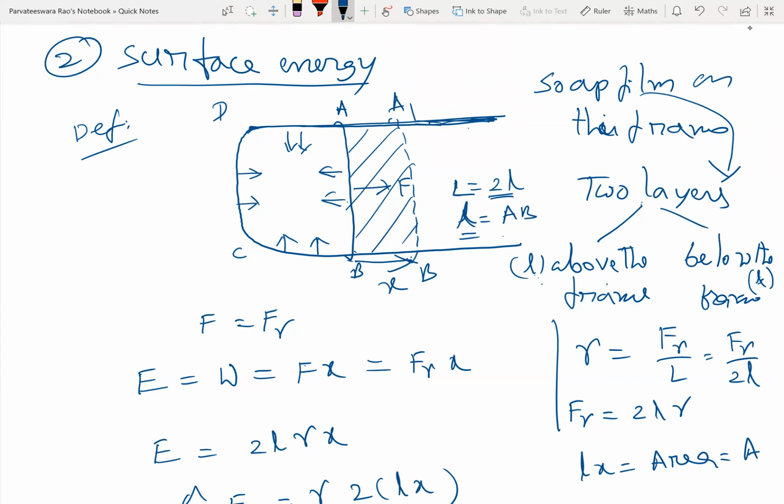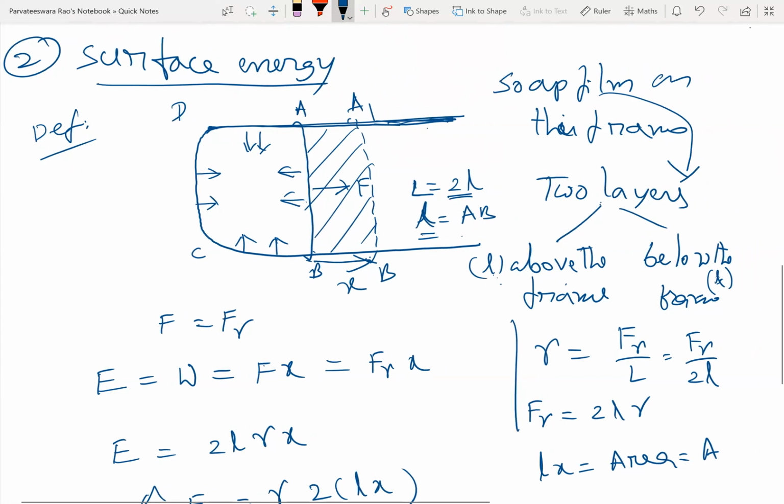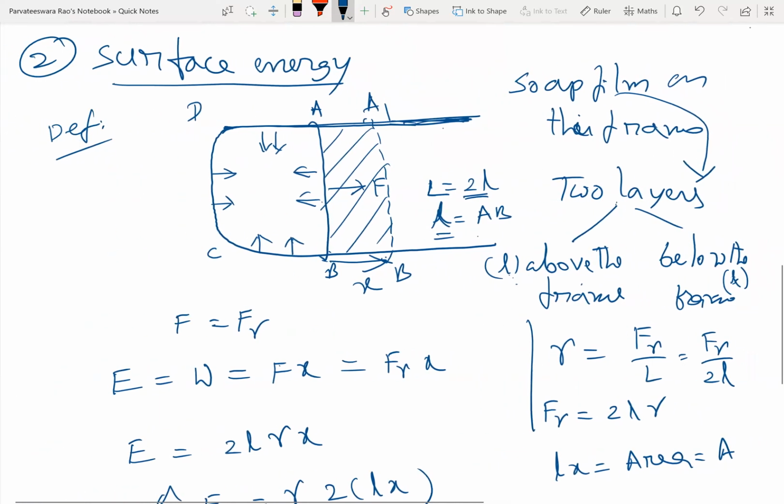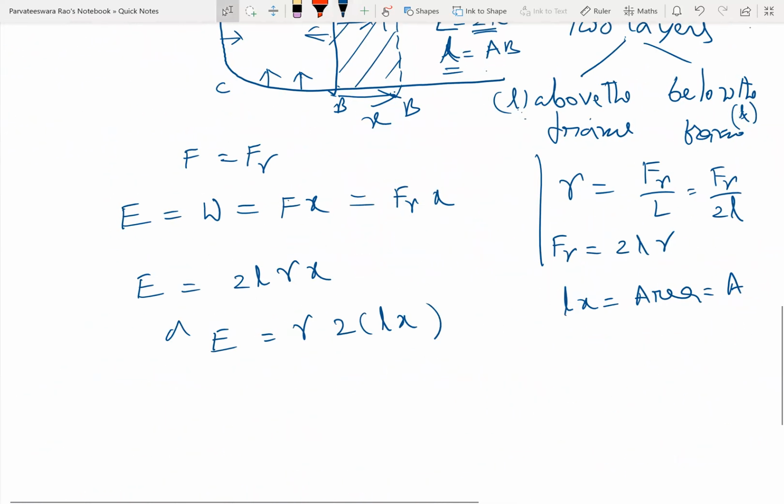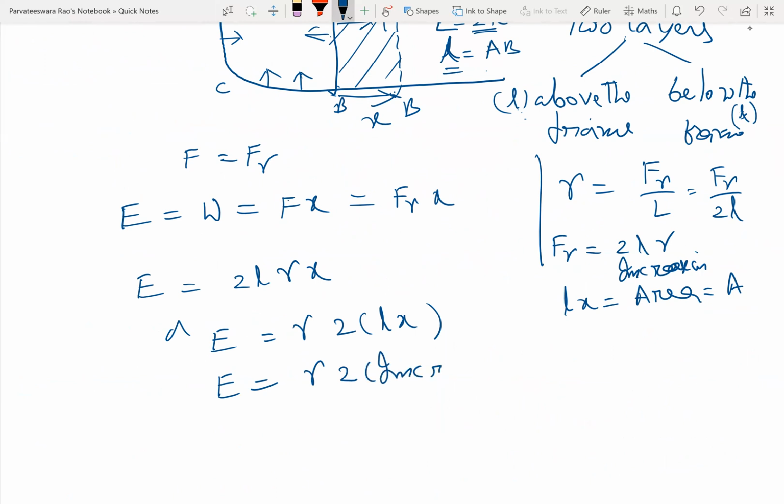What did I say the shaded portion area is? Sir, the increased one. Increased one. Therefore, L into x will be the increase in area. Therefore, I can write it now as gamma into 2 into the increase in area.